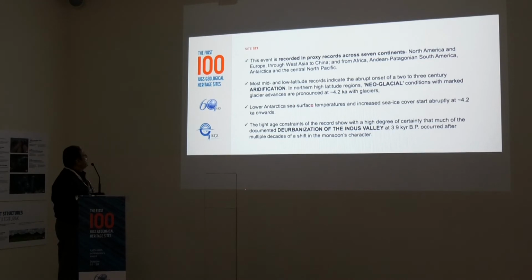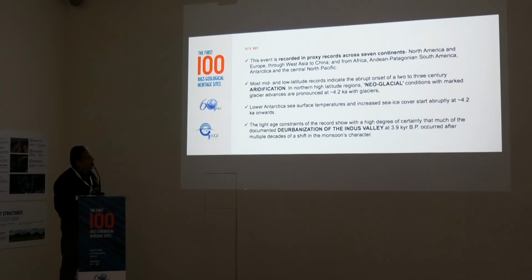Lower Antarctic sea surface temperature and increased sea ice cover started abruptly at 4.2. The tight age control of the record shows with a high degree of certainty that much of the documented deurbanization of the Indus Valley at around 3.9 occurred after multiple decades of shift in monsoonal character.